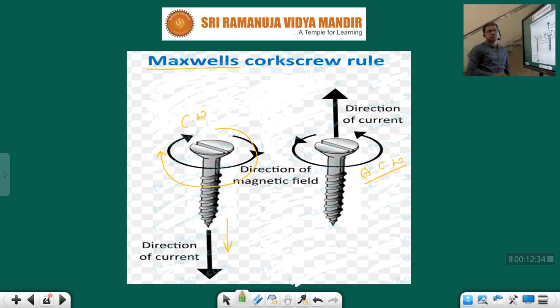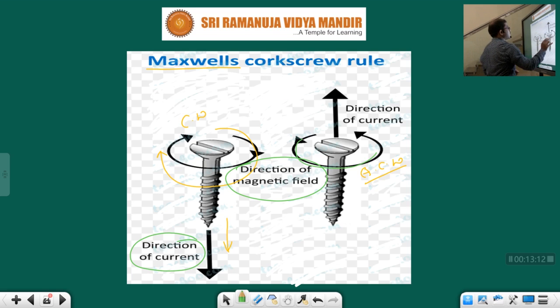By using Maxwell's corkscrew rule, we can find it. What is this, children? Maxwell's corkscrew rule. If you are rotating a screw in clockwise direction, observe that the direction of current is downwards. Normally a screw, if you rotate in clockwise, it will go down, right? So the rotation indicates the magnetic field, and the movement of the screw indicates the direction of current.